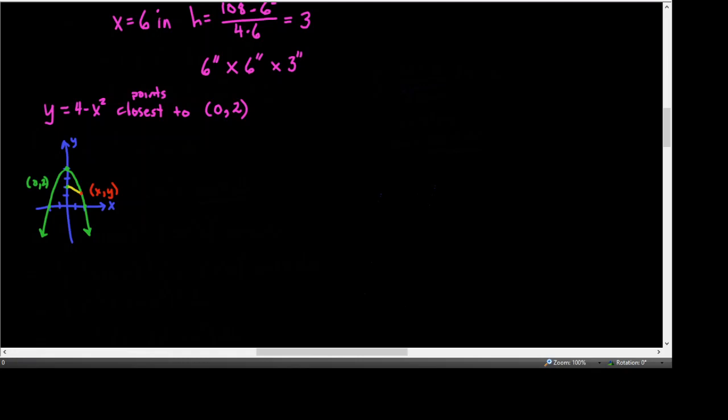And if distance is something that we can quantify between those two points, the generic (x, y) point on the parabola and the given point (0, 2), what we're going to want to do with that distance to get the closest points is minimize.